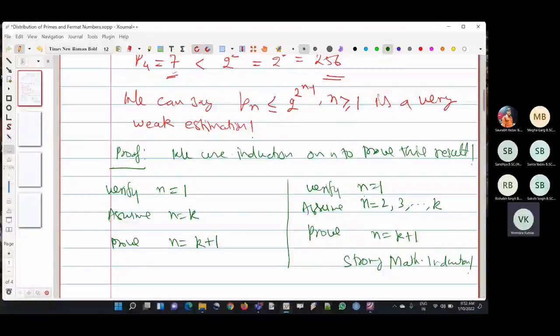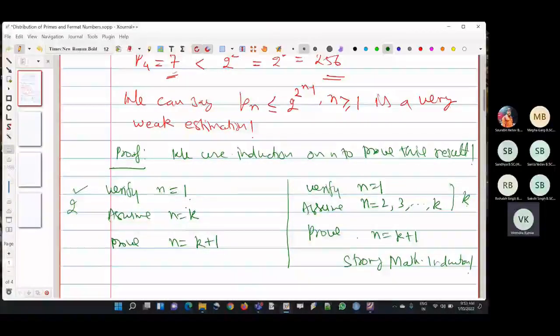Here we are verifying n equals 1 and assuming it is true for n equals 2, 3, up to k, so we are using all these things to prove the next one. In the first form we have only two things, verification for n equals 1 and the assumption for n equals k, and with the help of these two we prove the result for k plus 1.